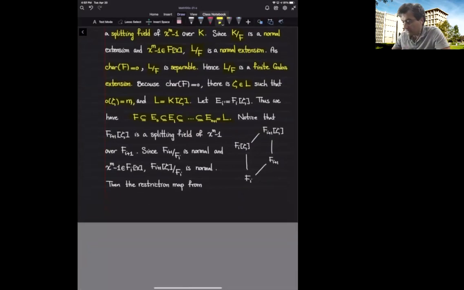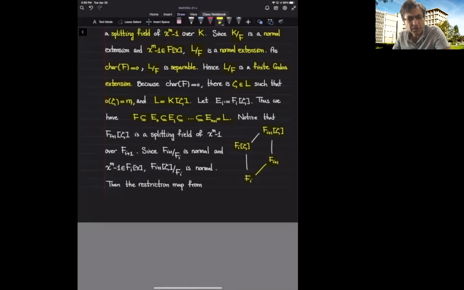We notice that we have this type of tower shape. If I look at each one of the blocks of this tower, in each block I have F sub i plus 1 joined with zeta, that's my E sub i plus 1, over F sub i joined with zeta, that's my E sub i. So essentially, I've started with the cyclic extension F sub i plus 1 over F sub i.